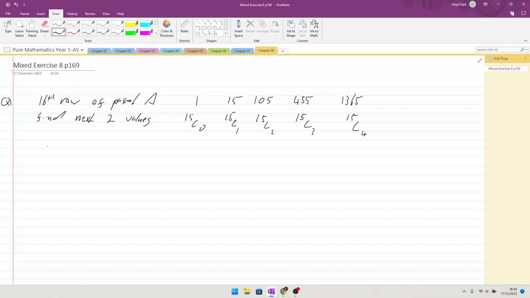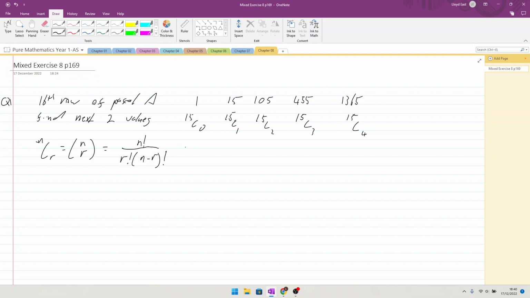If you don't have Pascal's triangle, the calculator available to you, what you can do is use the formula for nCr, which can be written as nCr, sometimes just written nCr like that, and then it is equal to n factorial over r factorial, (n minus r) factorial.